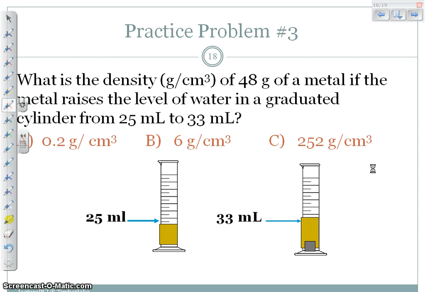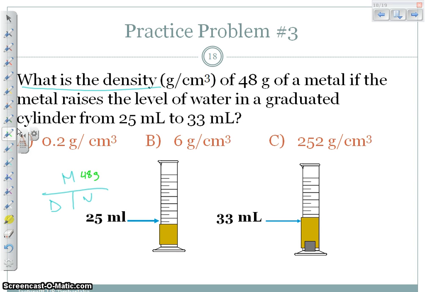And the final one that we've got, we'll practice a little more in class. What's the density when we're using displacement? Basically, we've got density equals mass divided by volume. We know that we are looking for density. It's asking what is the density. We have 48 grams of metal, so I know that this is going to be 48 grams.